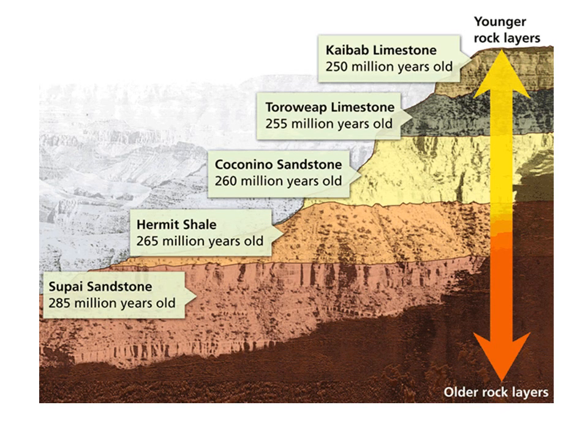How old are rock layers? Geologists have two ways to express the age of a rock: the relative age and absolute age. The relative age of a rock is its age compared to the ages of other rocks. If you say that you are older than your brother but younger than your sister, you are describing your relative age.